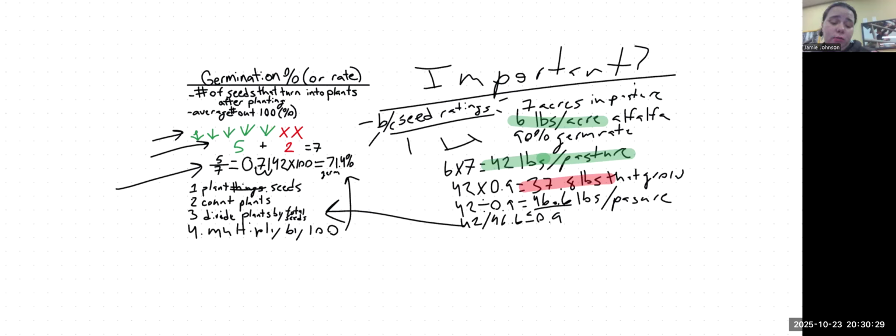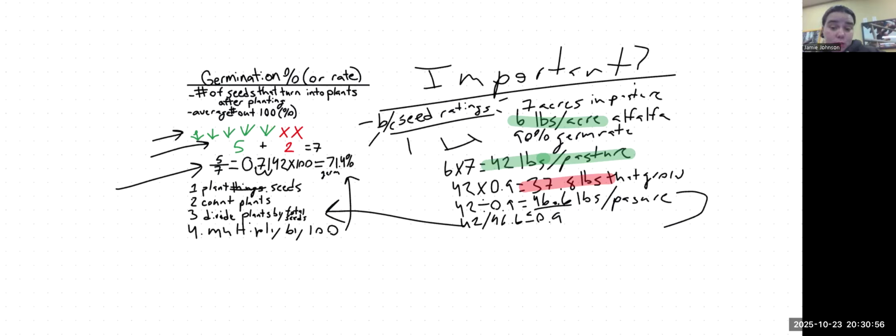If I round down and I just spend 42, I spent $6 on seed that's not going to come. Now, if I round up just to be sure, and I want to make sure all 42 pounds that I need go to seed, and I buy the extra 4.6 pounds here, right?